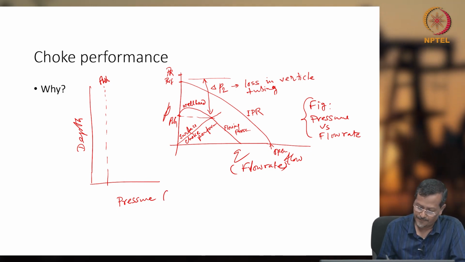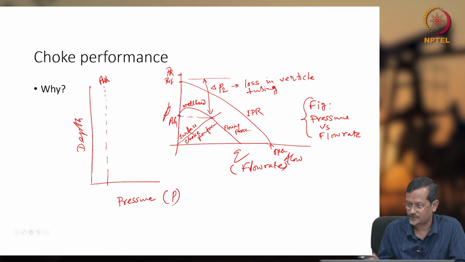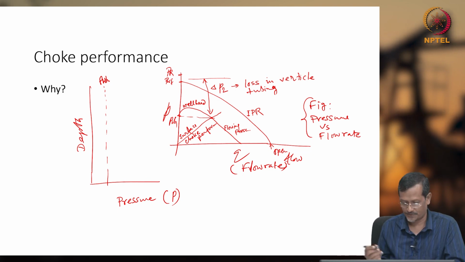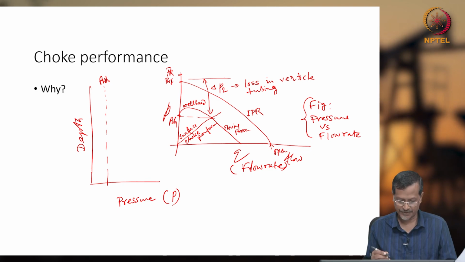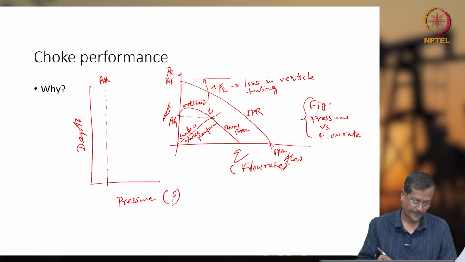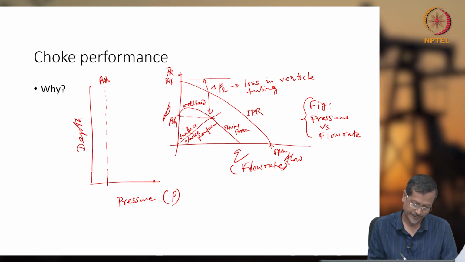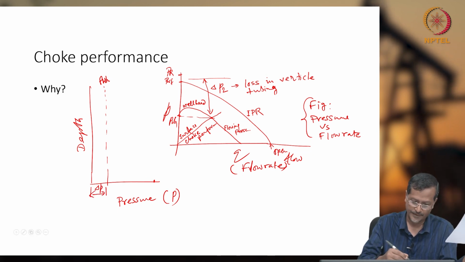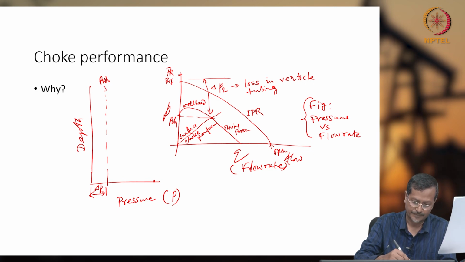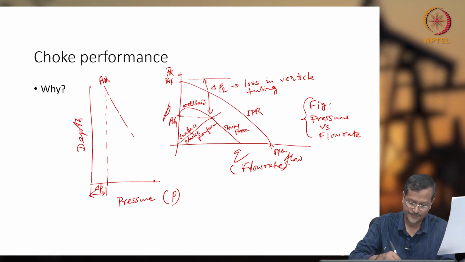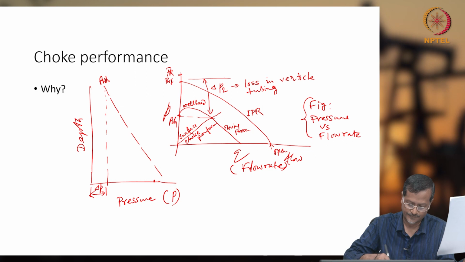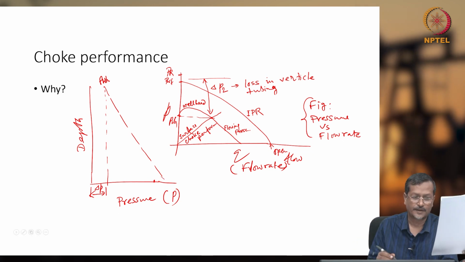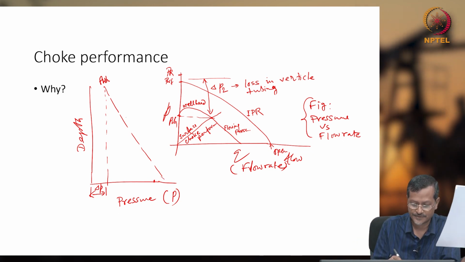And for pressure, actually we are writing P every time, so it should be noted that pressure is P. Now if you have pressure here, this is del P, one pressure drop here, and this flowing pressure will go like this. Okay, this is the flowing pressure traversal.